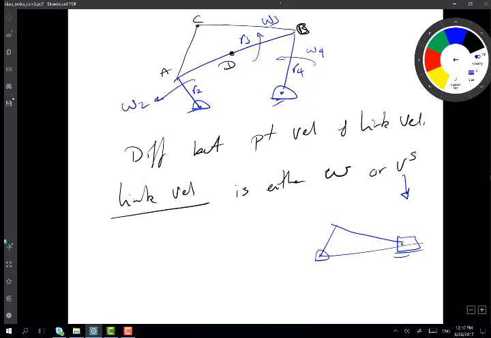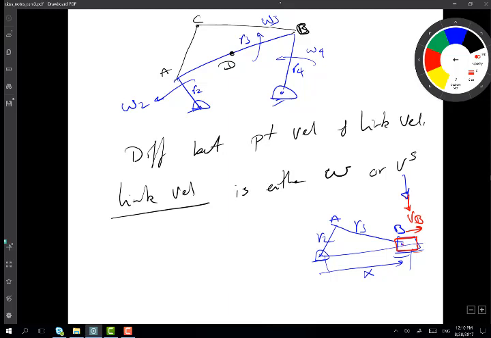I can say that's R2 and R3, and this distance is x, and this is point B, and it has some velocity VB. This is a sliding velocity because the piston is sliding inside a cylinder. So that's still a sliding velocity.